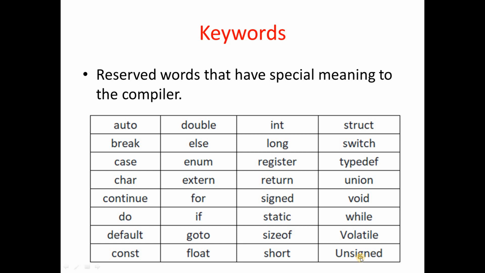So only remember that special or reserved words are known as keywords, they have special meaning, and there are 32 keywords in C. This list you have to remember, and the meanings I will explain whenever I use them in programming or in our daily lectures.